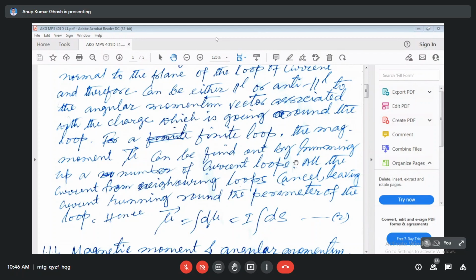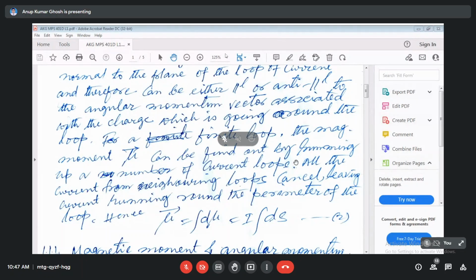Okay. So now two loops, inner loops are close together, touching each other, let's say. If you consider two loops, the left one touches the right one. The left one is flowing in a clockwise direction.